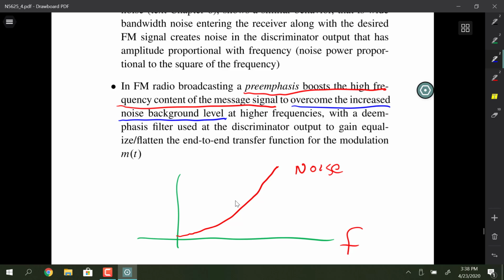It's there due to the physics in the receiver front end, but you can let the message signal broadcast at a higher level in those higher frequency bands. And then at the discriminator, you gain flatten or gain equalize at the higher frequencies.